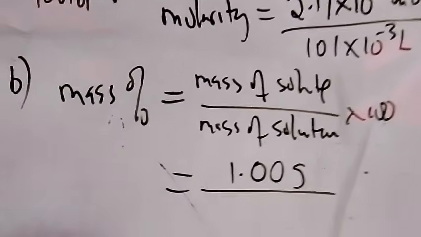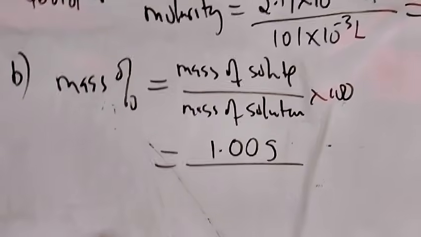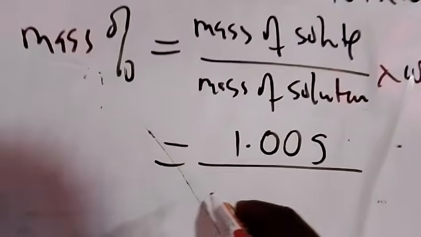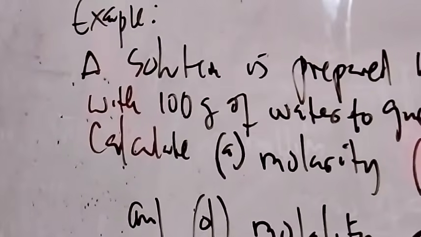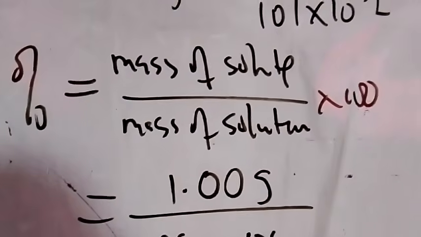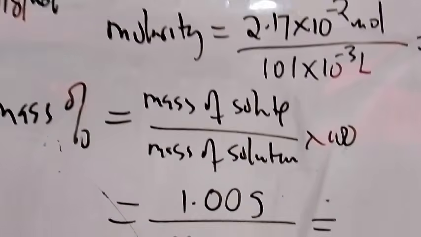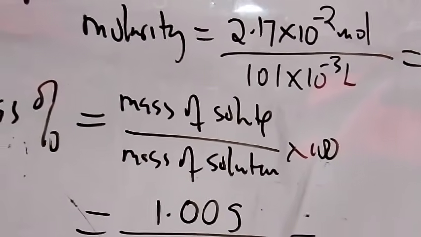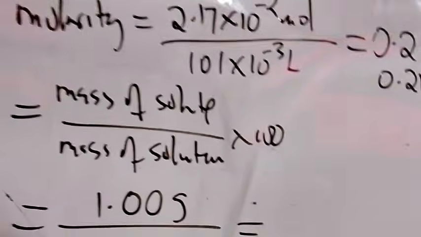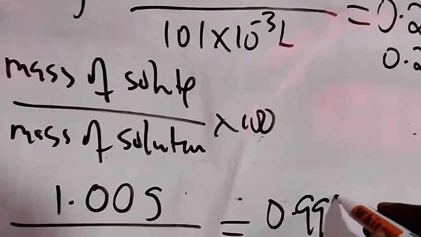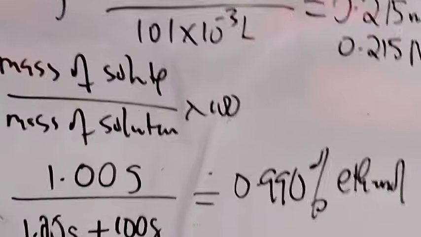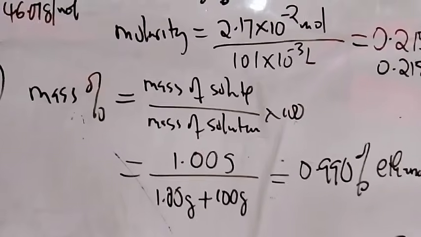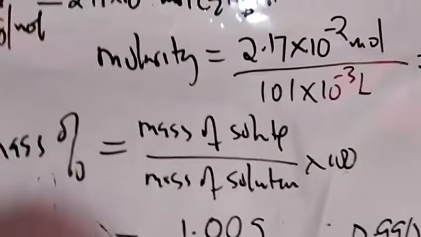The mass of solution is solute plus solvent, so you add the solute and the mass of solvent, which is water, 100 grams. You add the two and divide, and we are going to find 0.990% ethanol. So that is the mass percent: mass of solute over mass of solution.